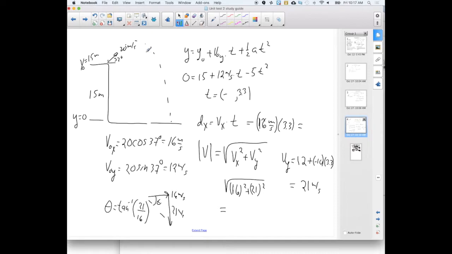If you said the arc tangent of minus 21 over 16 is equal to theta, then you'd have to be smart about it, because it's going to give you either this angle right here or this angle right here. So you have to make sure you were smart about it.